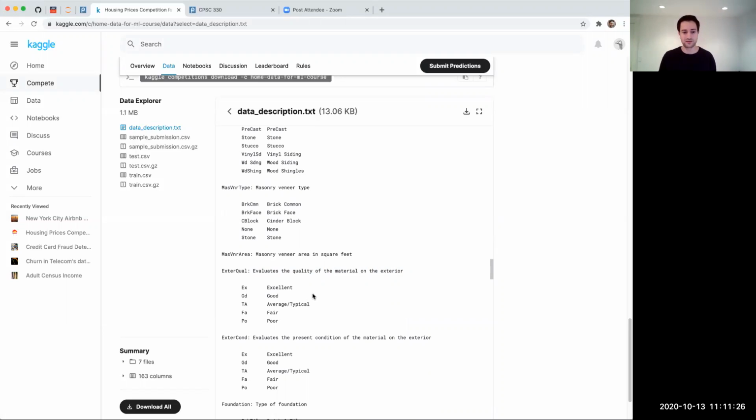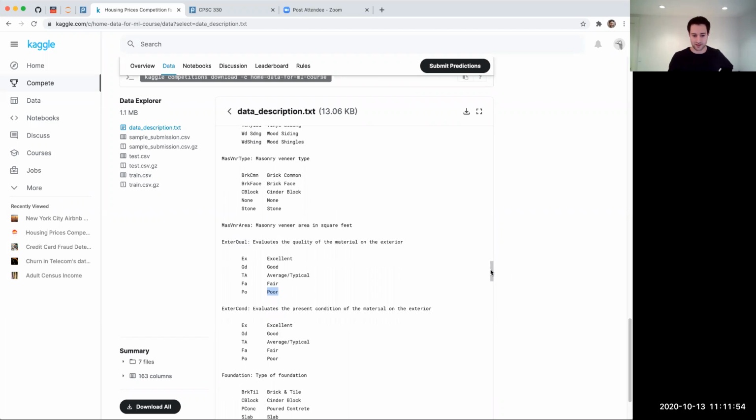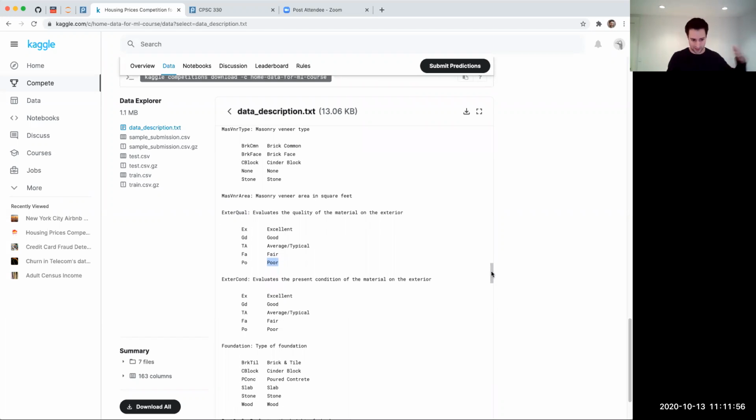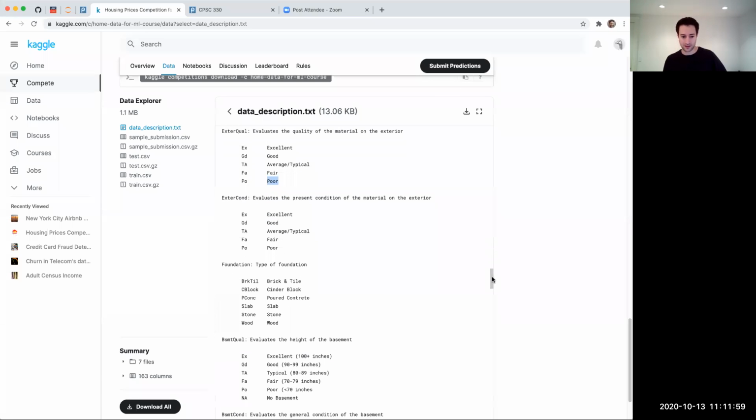And this is exactly one of those cases where we don't really want to one-hot encode this feature and have a column for excellent, a column for good, a column for average, fair, and poor, because those are not unrelated categories. They're in order. This is kind of the best and this is the worst. And so we should encode these as 0, 1, 2, 3, 4 or 4, 3, 2, 1, 0 in the other order or whatever. So here's where it really pays off to think about what types of data you have rather than just auto detecting everything and moving immediately on without thinking about it at all.